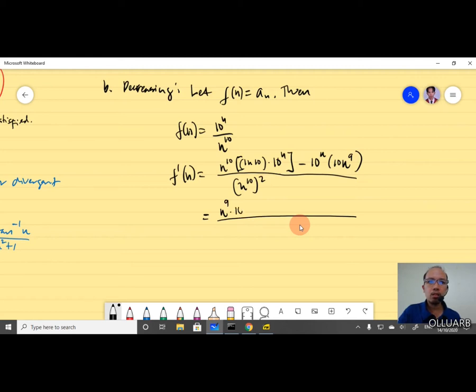10 to the n is also common, and the remaining, the first term here, is ln 10 times n minus 10, after factoring out the 10, over n to the 20. So what will happen?